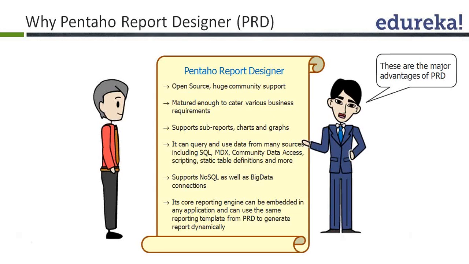Then you can use scripting, static table definitions, and hard-coded data as well to support your findings. It supports NoSQL as well, so you can connect to Cassandra or MongoDB and pull out the data and present it in the report. Other than that, you can also connect to HBase directly from PRD and pull the data.